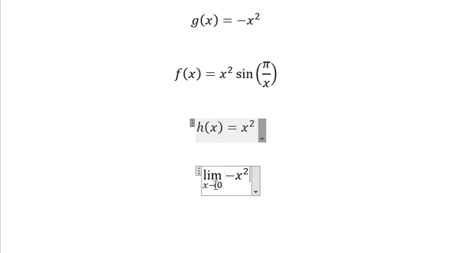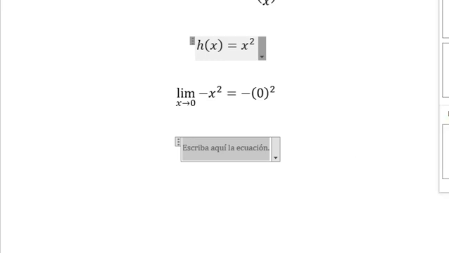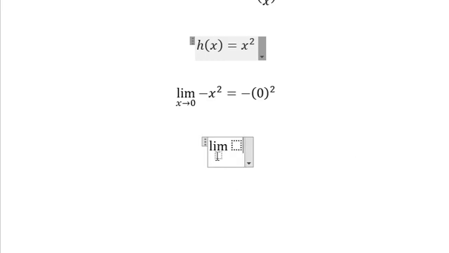This limit can easily be solved by just substituting x equals 0 into our function, so we get minus 0 squared, right? So this limit as x approaches 0 of the function minus x squared equals 0. This is our first answer.